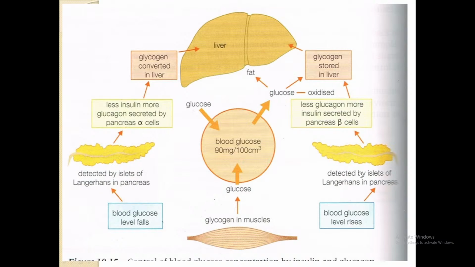And of course, glucose is what provides energy to the human body. If there is not enough glucose, you're not going to have enough energy. That is why, if you don't eat for a long period of time, you feel weak and sometimes you feel like you're going to drop down.